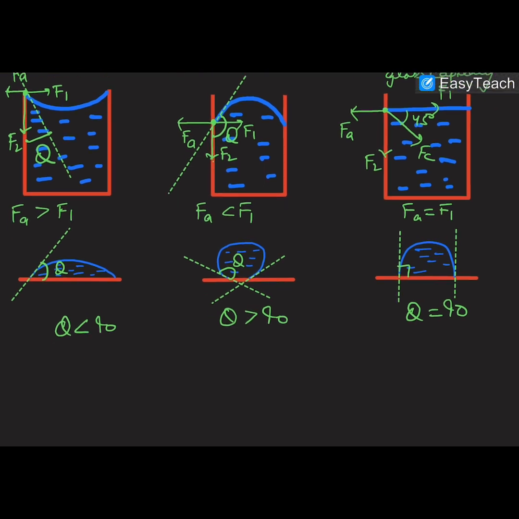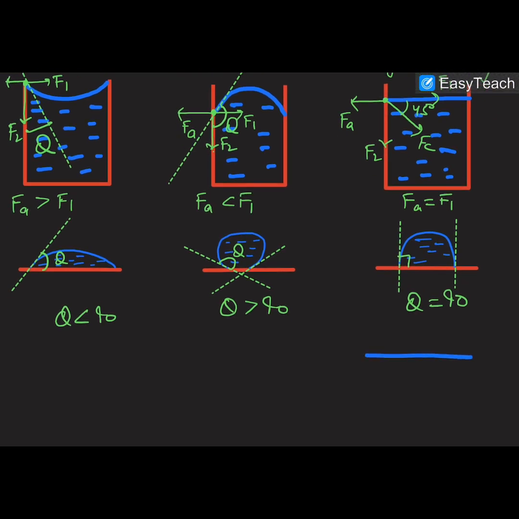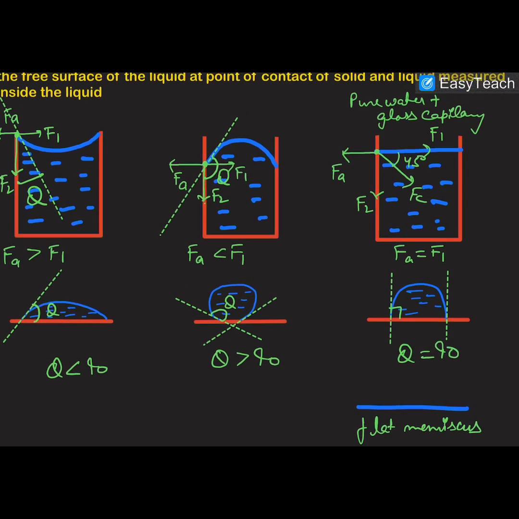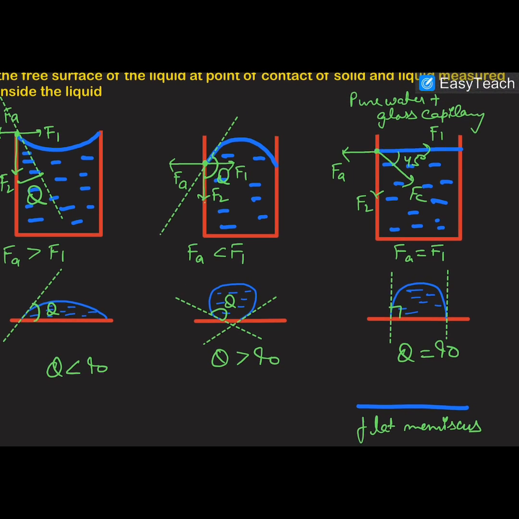The shape of the free surface of a liquid is called the meniscus, and as it is of flatter shape, it is a flat meniscus.